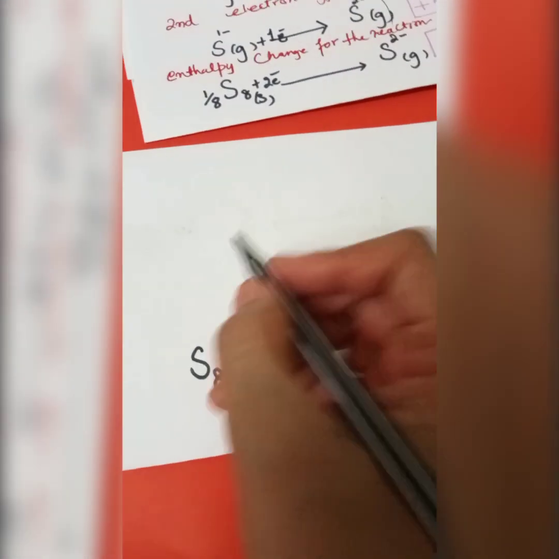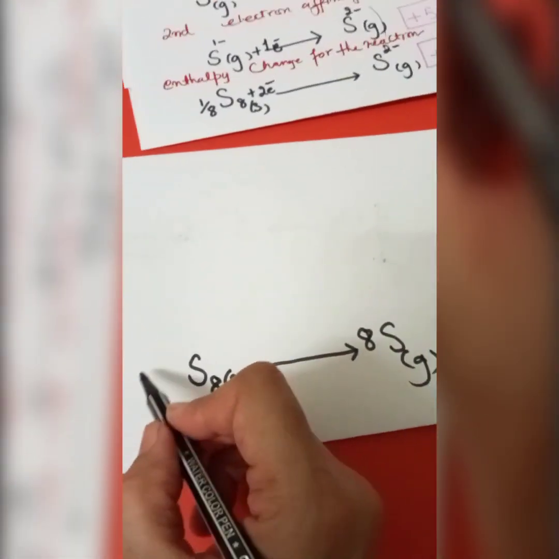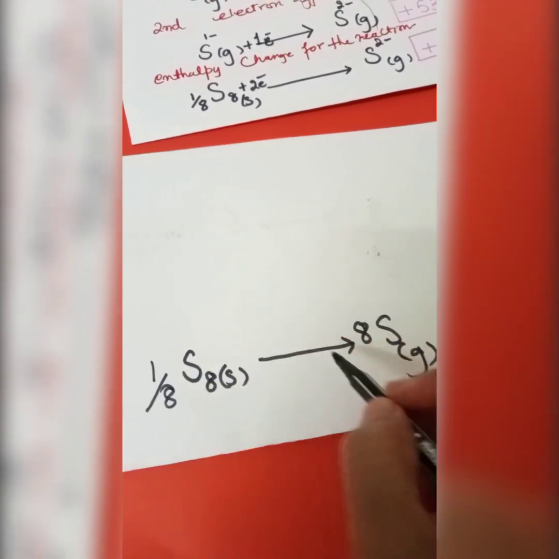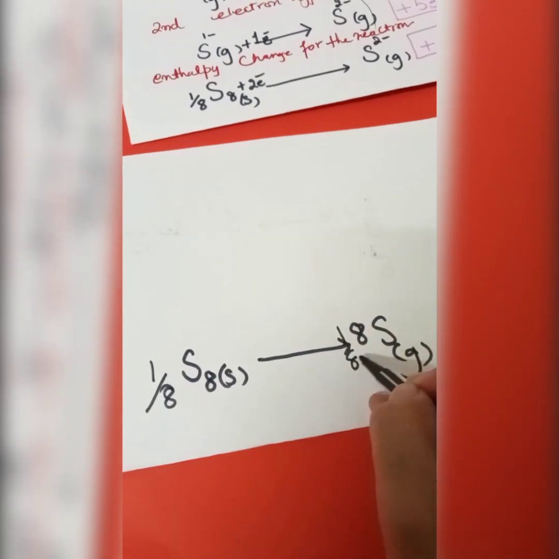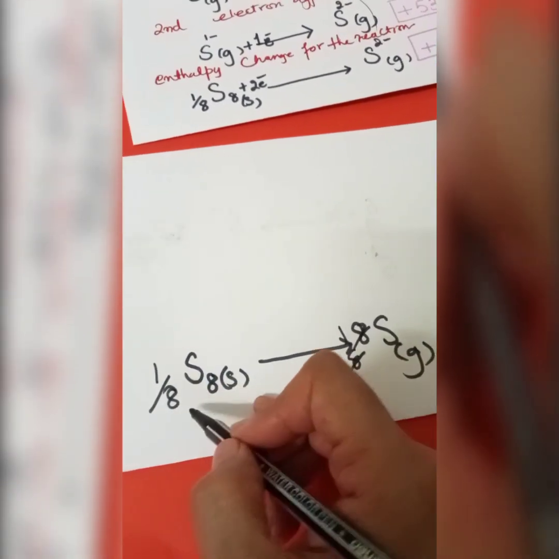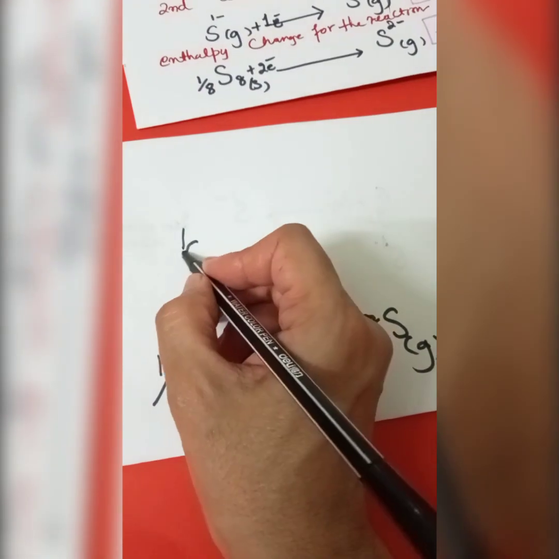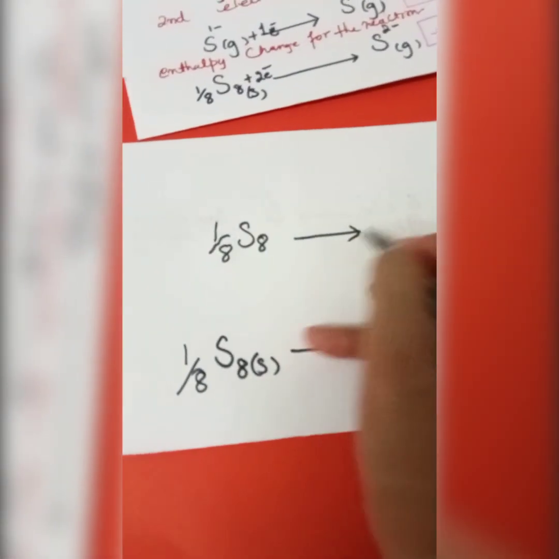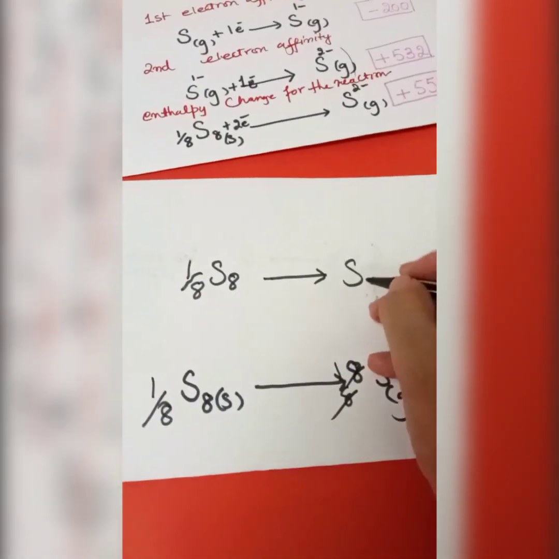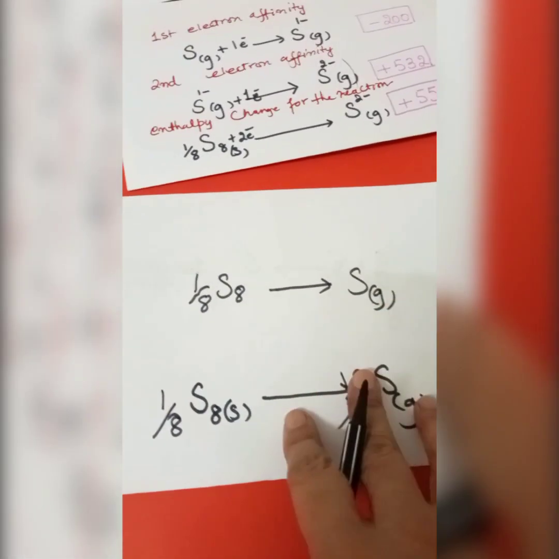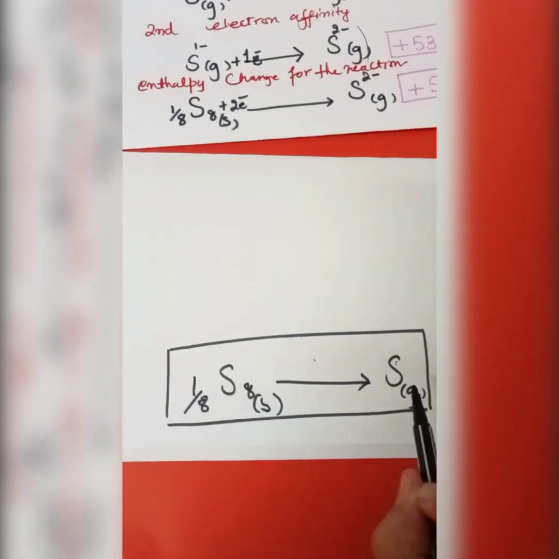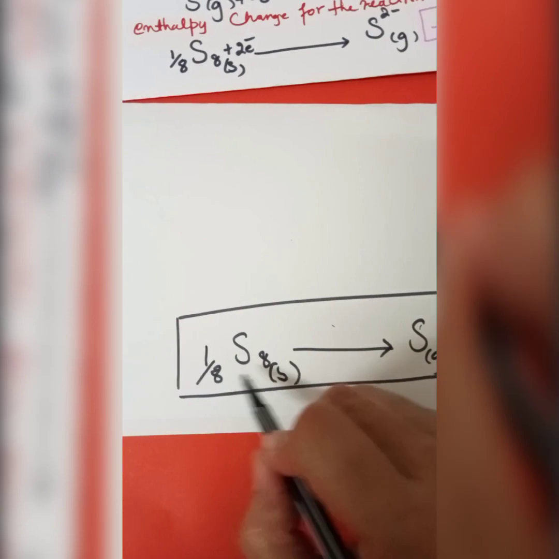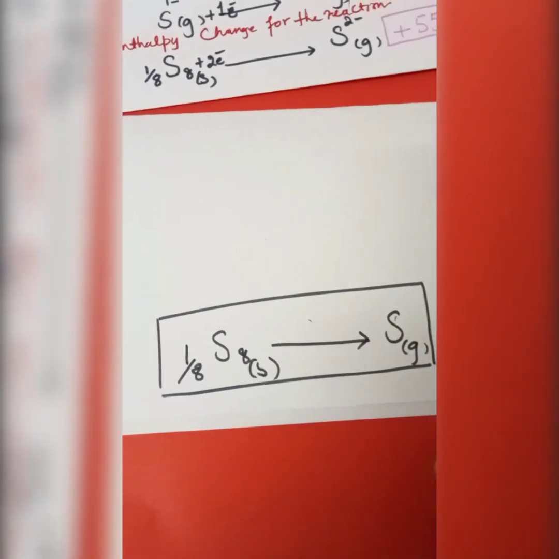In order to simplify our question, we write it in this manner: multiply by 1 by 8, and we get our equation, 1 by 8 S8 goes to S gaseous. Now you can see our equation is simplified in this manner, and we divide it by 1 by 8, and we get this equation, solid to gaseous.